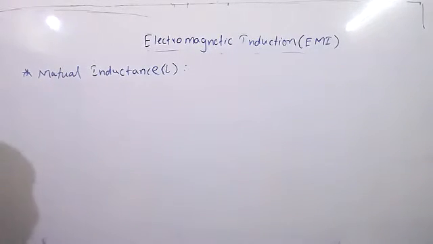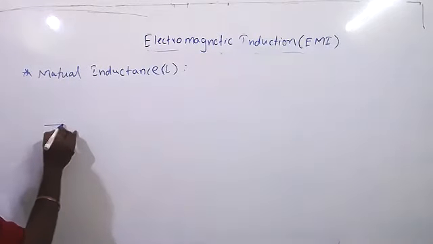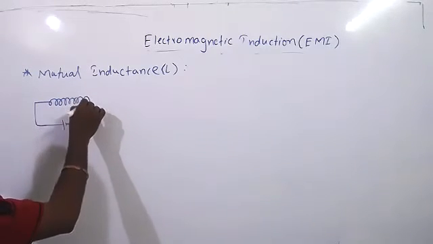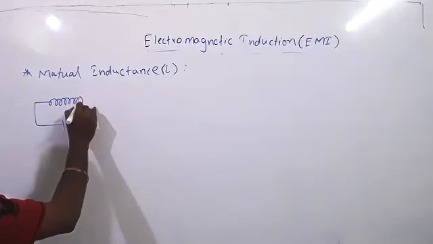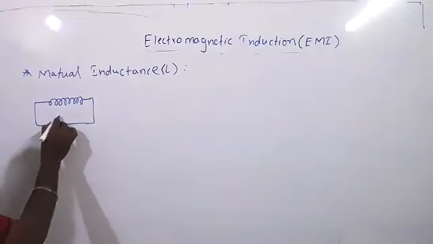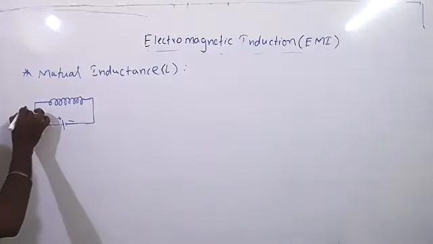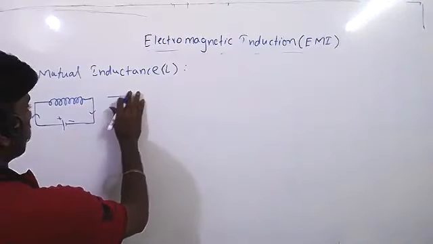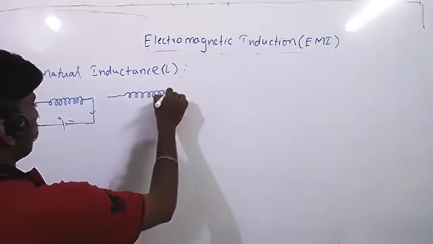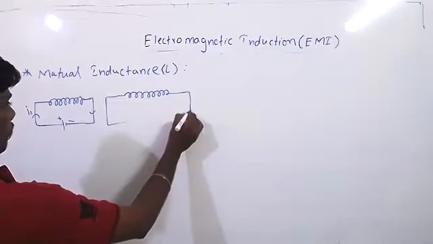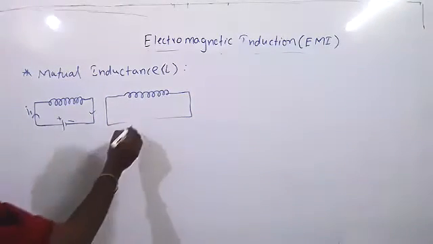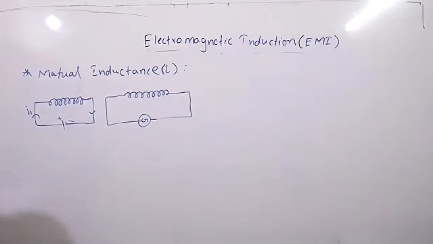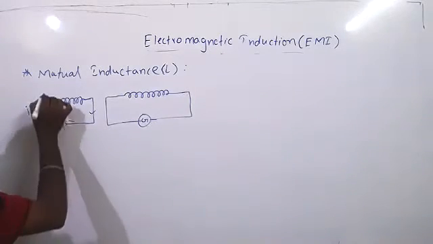Mutual inductance, the second one. Suppose, let's see. It is the primary coil.